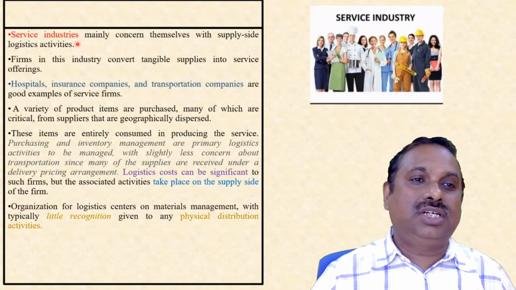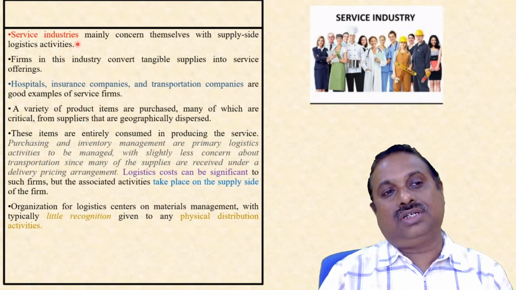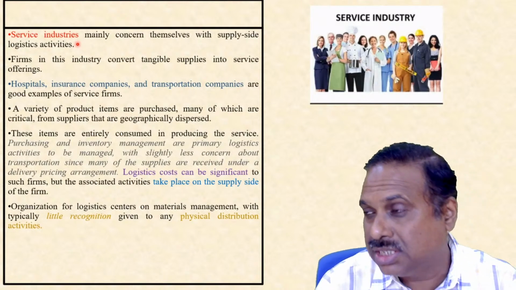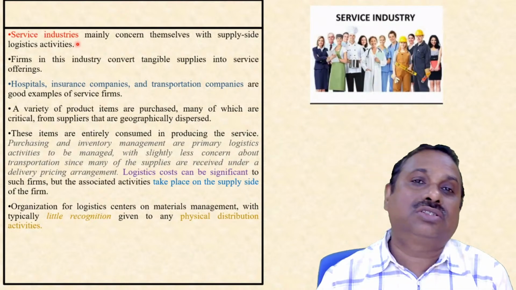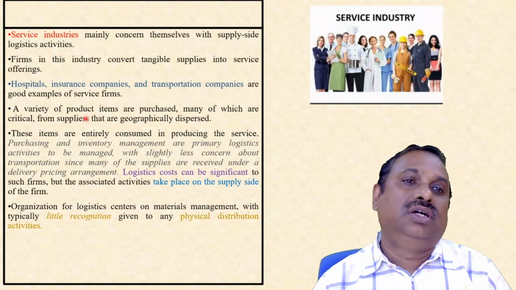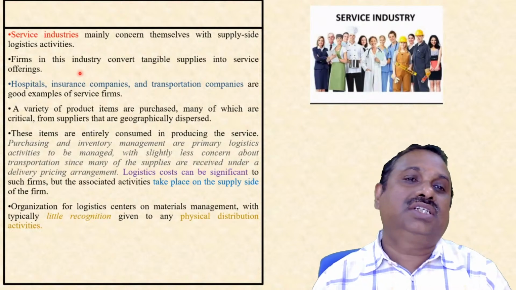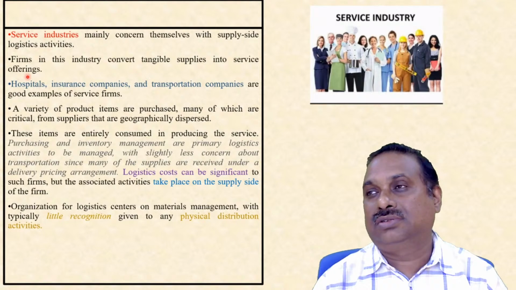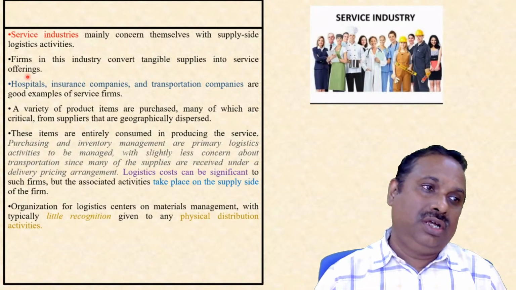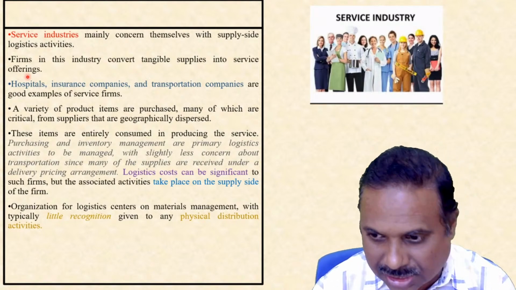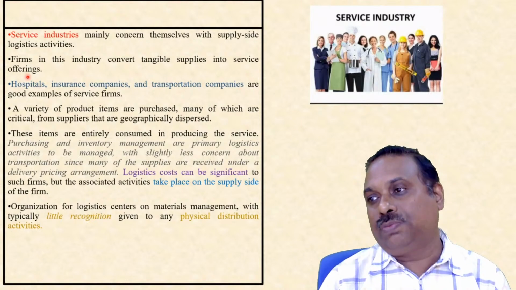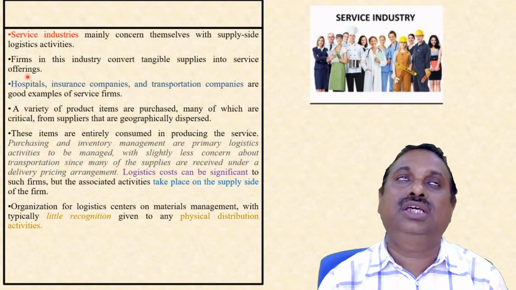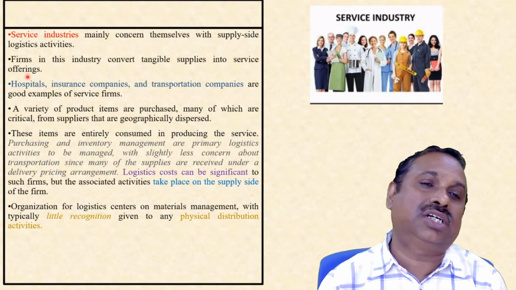Next, coming to service industries, examples are hospitals, insurance companies, transportation companies, telecom. These are all services. Firms in this industry convert tangible supplies into service offerings. The main difference between the manufacturing sector and the service sector is that the output of the service sector is intangible, while the output of the manufacturing sector is tangible.